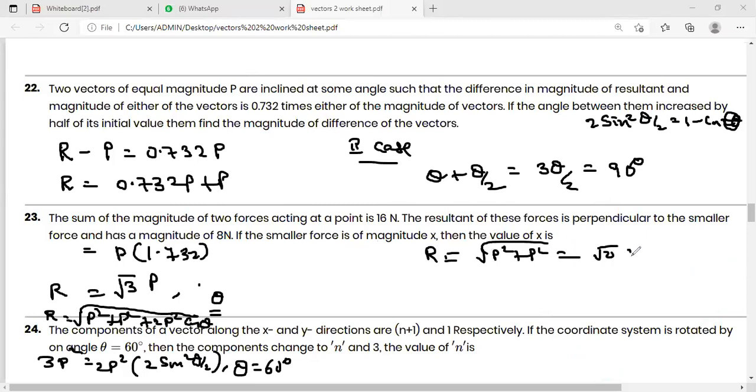Root over 2P square, that is root 2 P. They're asking here R minus P only. So that will be how much? Resultant is root 2 P minus P. So that is root 2 minus 1. Root 2 is 1.414, na? So finally it is 0.414 P. And the answer will be 0.41 P, also you can write.